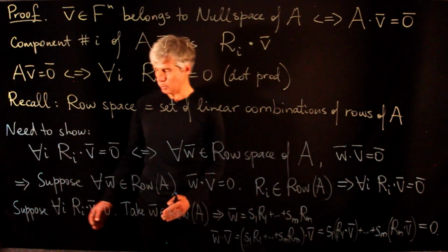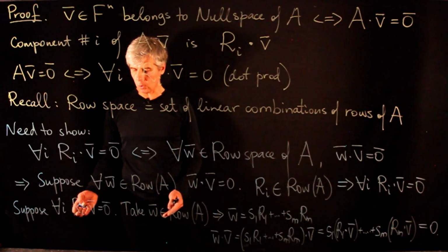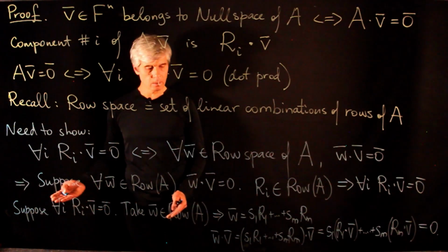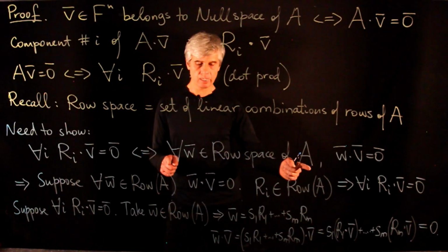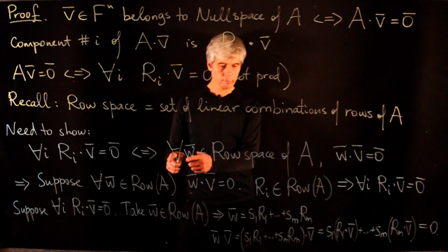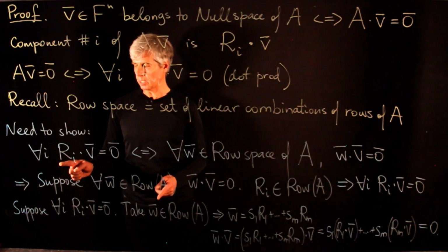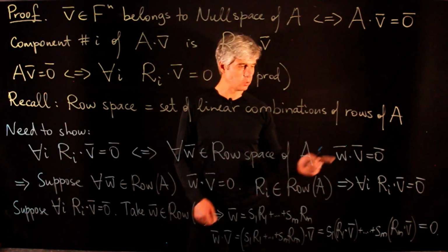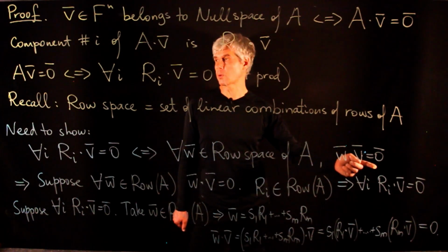And so what we proved is that if the dot product of v with each row of the matrix is equal to 0, then the dot product of v with every vector in the row space of A is equal to 0. And what we see is that the condition that the dot product with each row is equal to 0 is equivalent to the condition that the dot product with each vector from the row space is equal to 0.